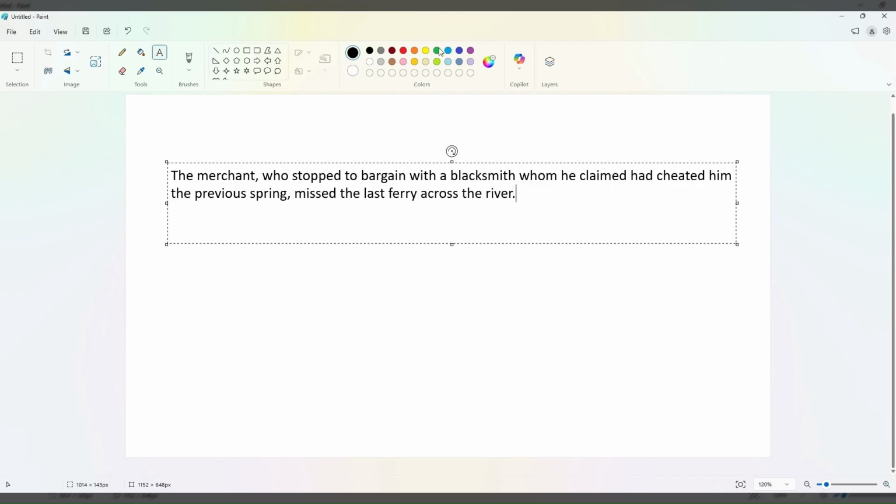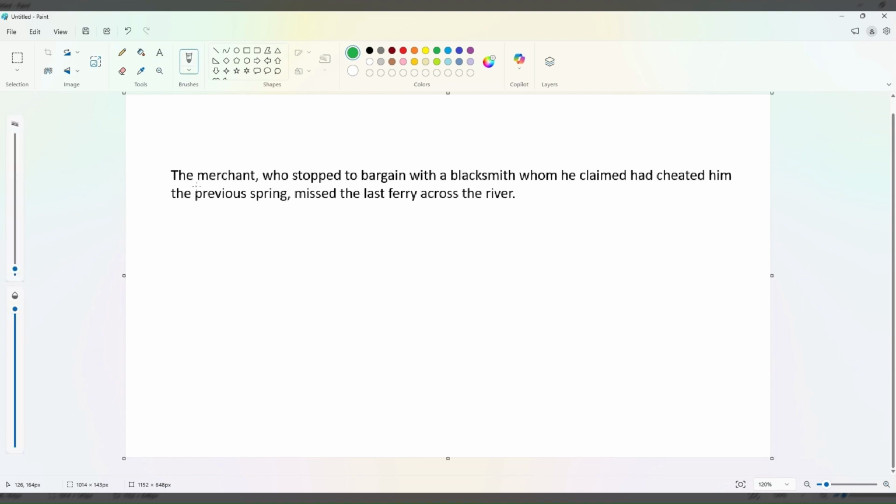Okay, we have commas helping us out here, but this can still trip up the reader because our subject, the merchant, is really far away from our verb itself. We might even forget what we're talking about by the time we get to the verb. What we really want to say is the merchant missed the last ferry across the river. That's what's really happening in our sentence.